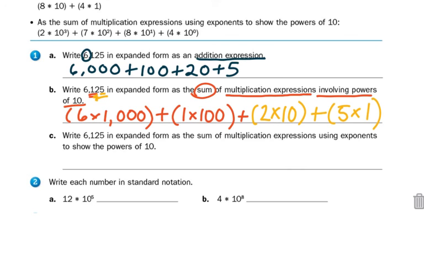And the last one we're going to do today is C. Write that same number in expanded form as the sum of multiplication expressions using exponents to show powers of 10.